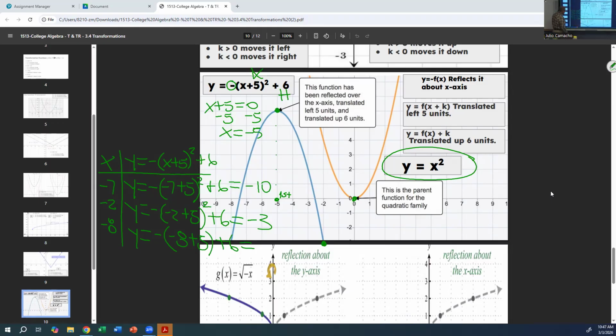So -8 plus 5 is a positive 3. 3 squared is 9. Positive. And now we apply the negative in front of the parenthesis, it will be -9 plus 6, -3, and it will be around here. So that is your 2 points. And then do your parabola. Remember, now the vertex is at the top.